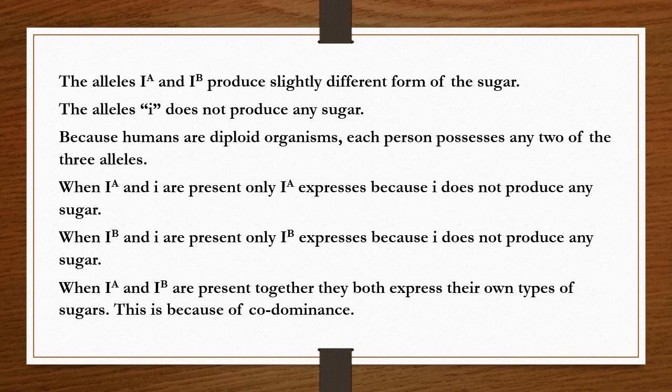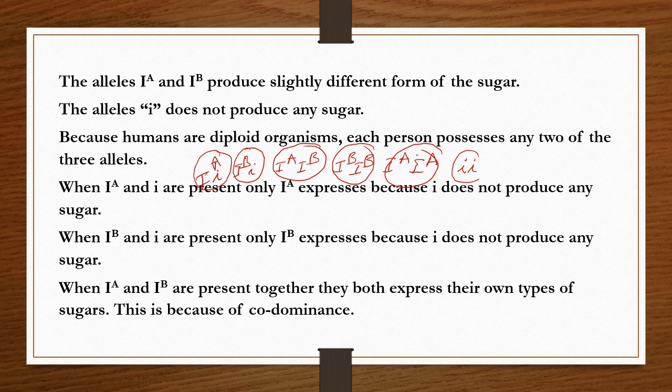That means the cell may consist of IA and small i, or IB and small i, or IA IB, or IB IB, or IA IA, or small i small i. So IA small i is one pair, IB small i is another pair, IA IB is another pair, IB IB is another pair, IA IA is another pair, and small i small i is another pair.